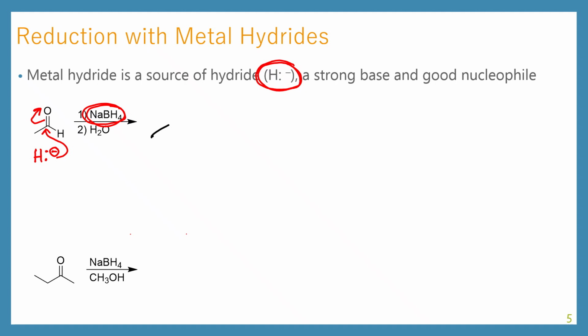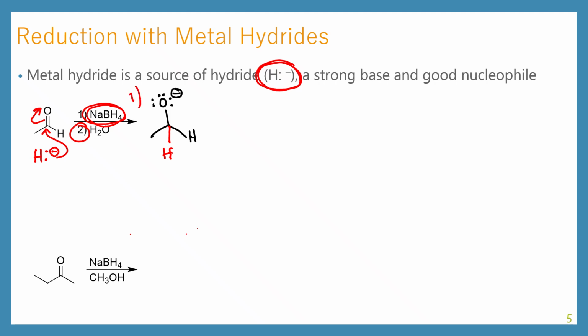So in our mechanism, what we would see is that we form a tetrahedral intermediate, which is sp3 hybridized. Here's the hydride, the hydrogen that we just added. And then step 2 happens.